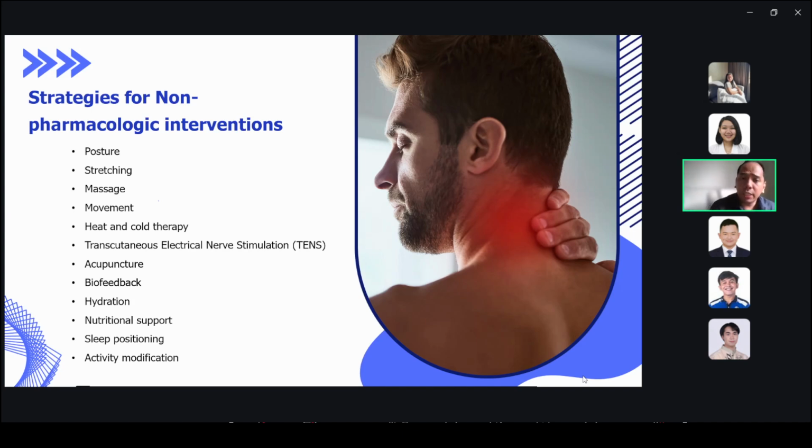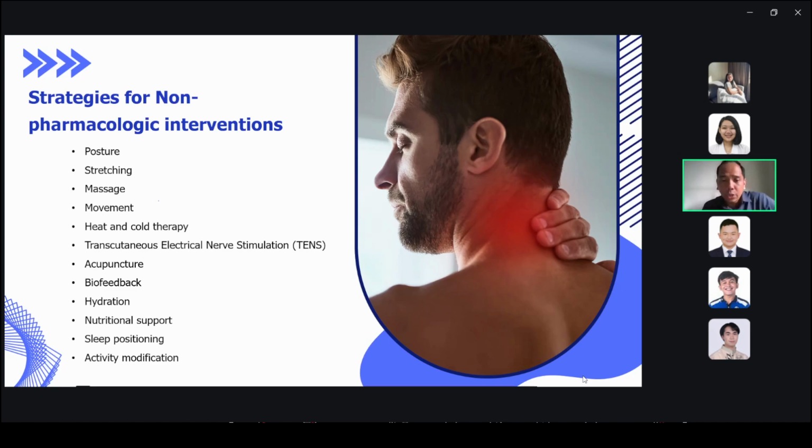We will advise patients, especially for our first patient, who has tech neck or the slump syndrome, on proper posture, stretching, massage, movement, heat and cold therapy. If we refer the patient to rehabilitation medicine, there is transcutaneous electrical nerve stimulation therapy, a gadget with an electrical stimulator.